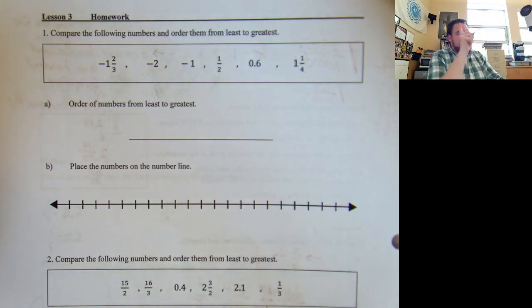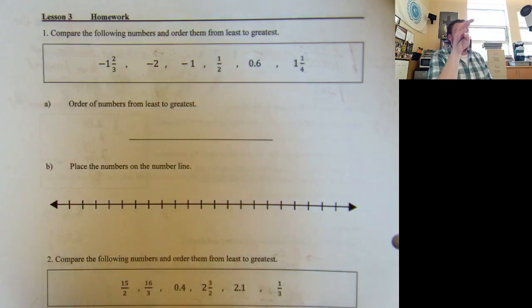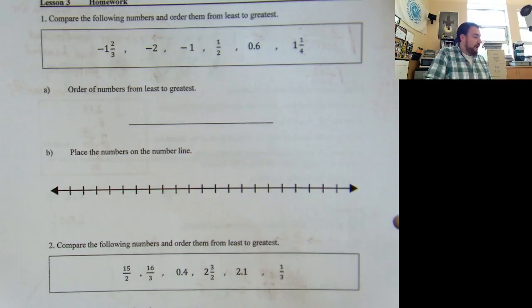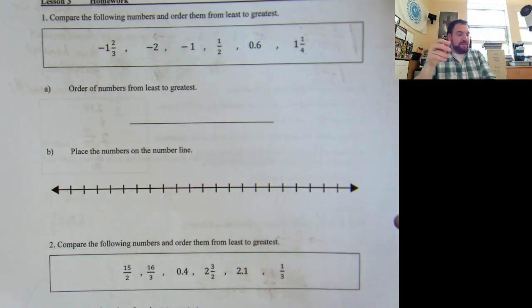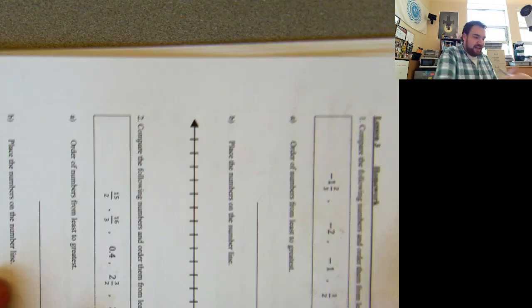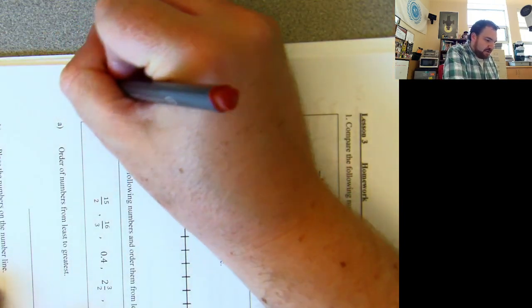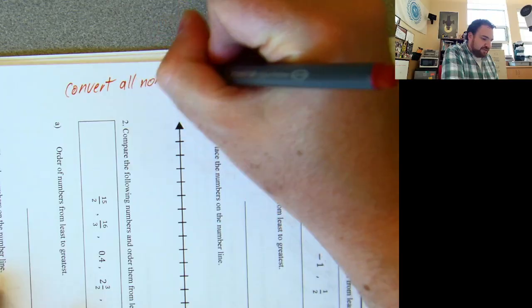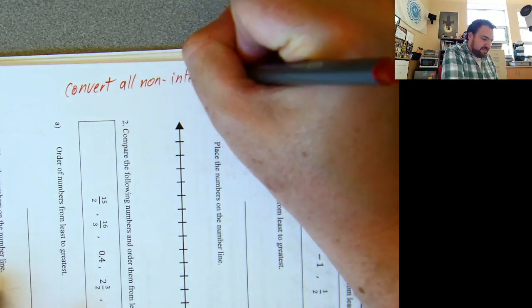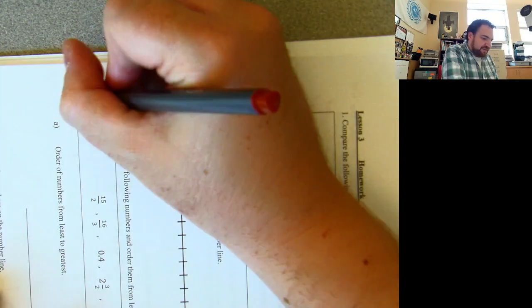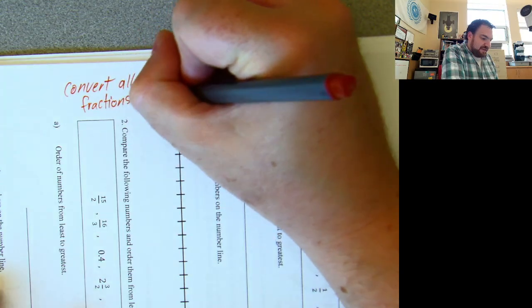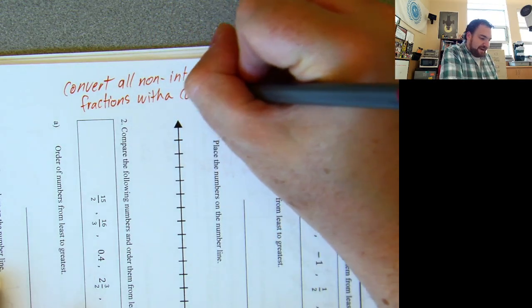Additionally, I'm going to give you instructions about how I want you to do that, because those of you who worked ahead probably cranked everything out into decimals and called it a day. Just to force a little bit of practice here, I want questions 1 and 2 to be done by converting all non-integers into fractions with a common denominator.